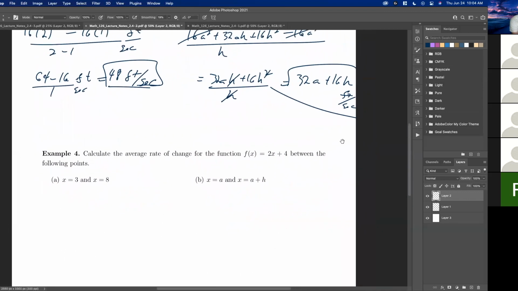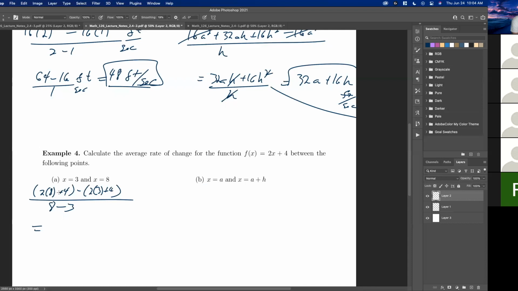All right, let's do it for another function. Here's a linear function. Let's go ahead and do this. It'll be 2 times 8 plus 4 minus 2 times 3 plus 4. So here I'm plugging in the function value here and the function value here, all over 8 minus 3.